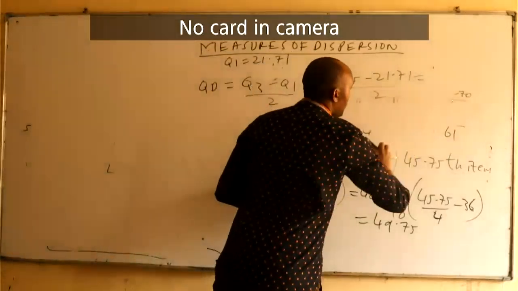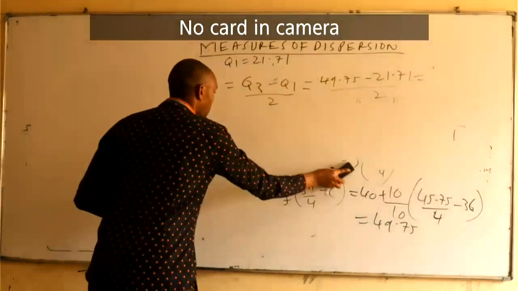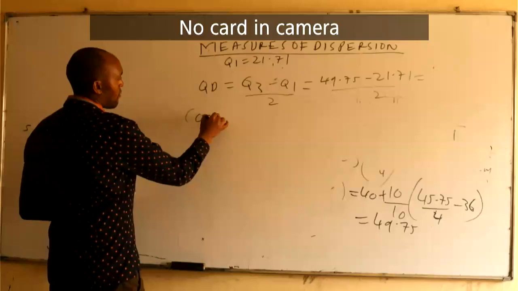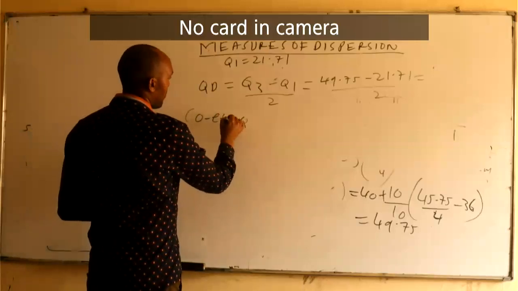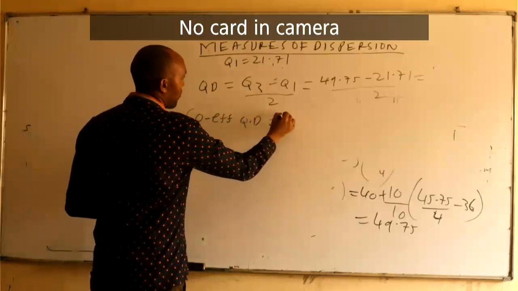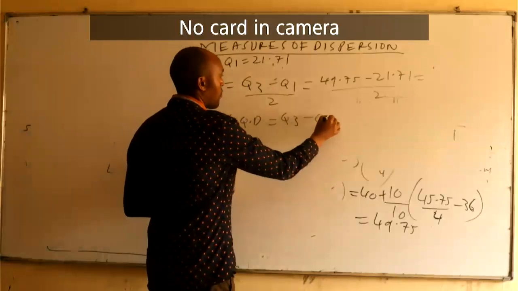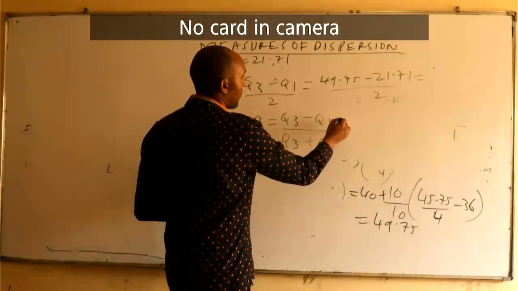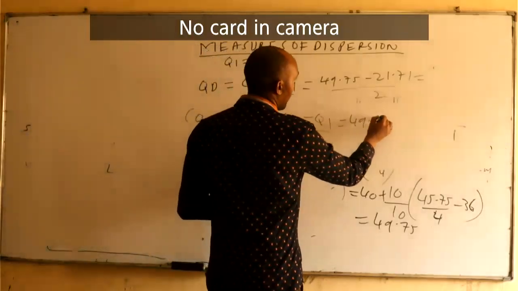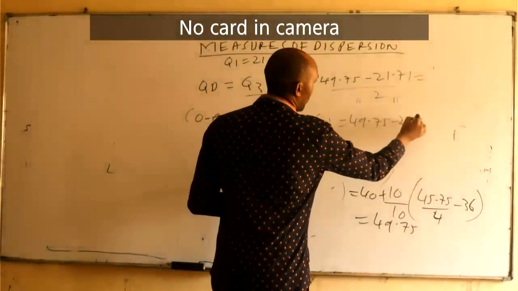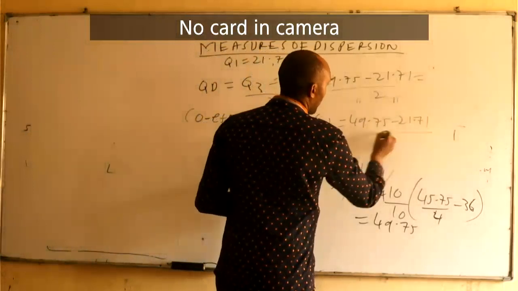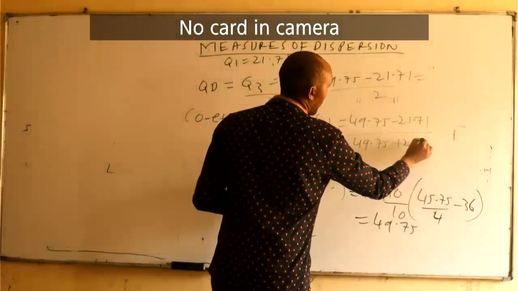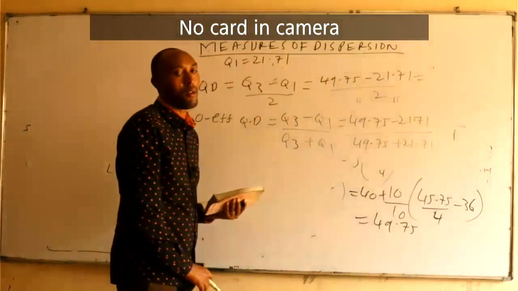Also, to do the coefficient of quartile deviation, we have said it is Q3 minus Q1 divided by Q3 plus Q1. So in this case, it will be 49.75 minus 21.71 over 49.75 plus 21.71.